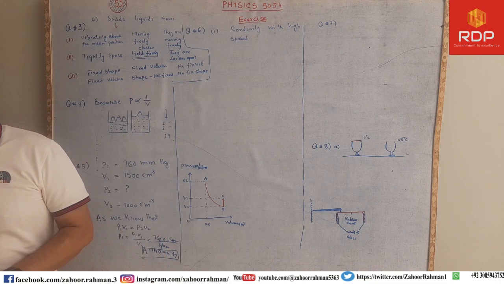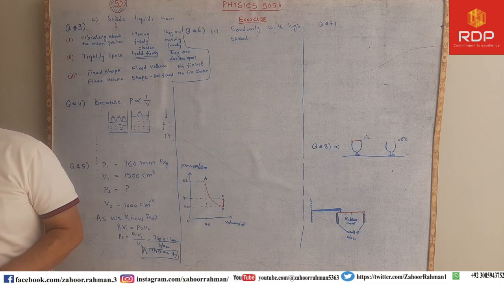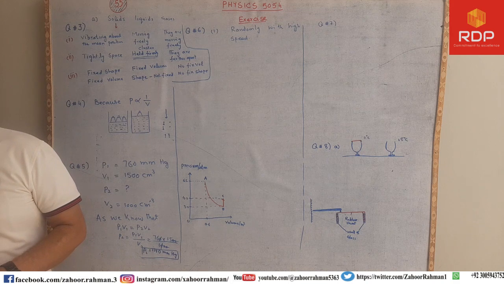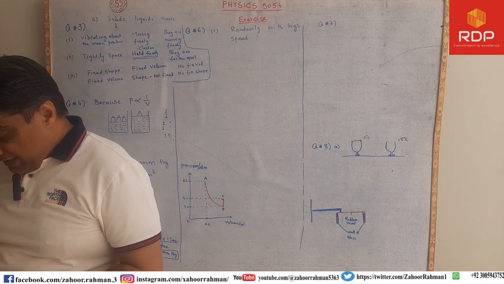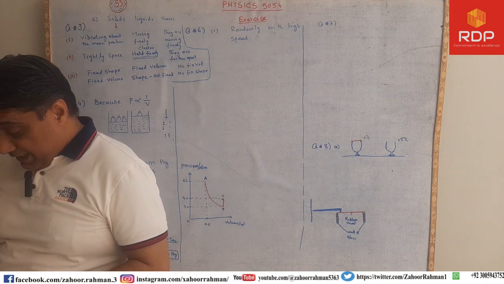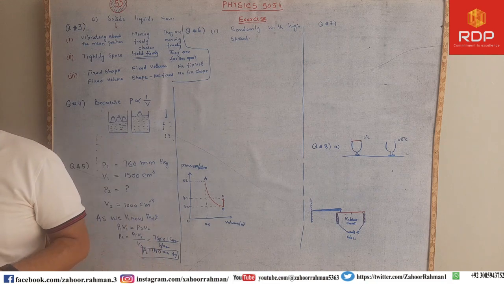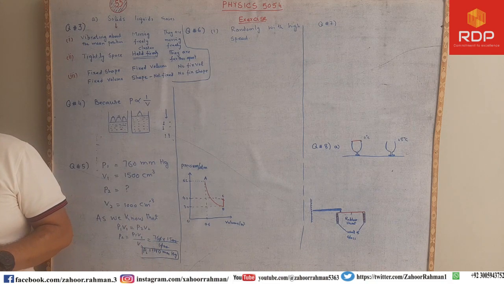Second part: explain how the motion of gas molecules results in a pressure exerted by the gas on the wall of the flask.